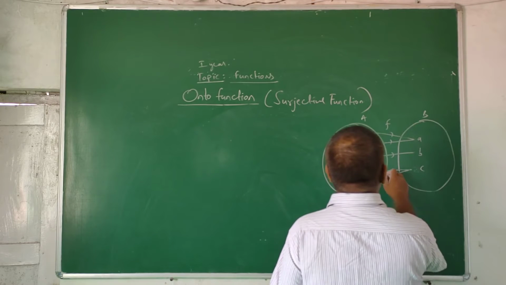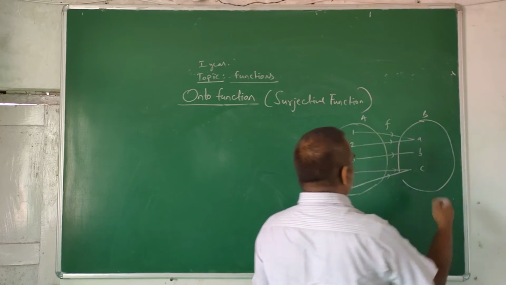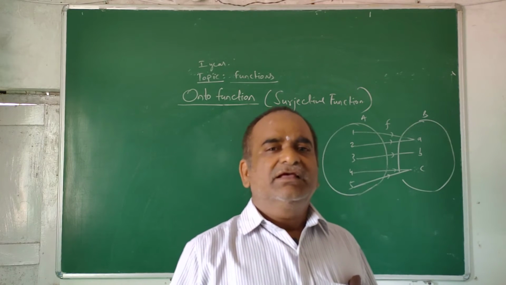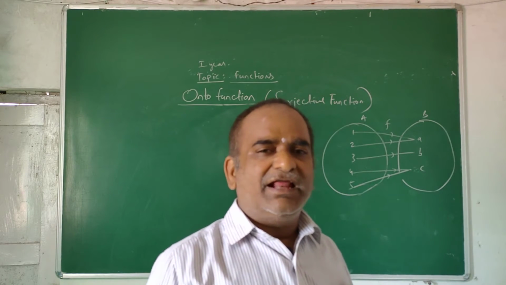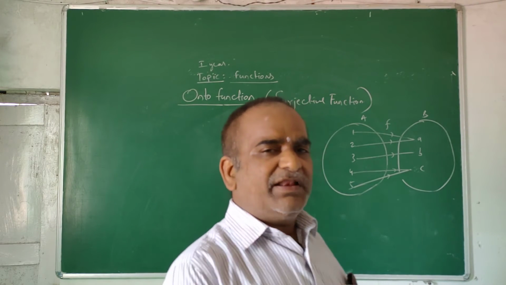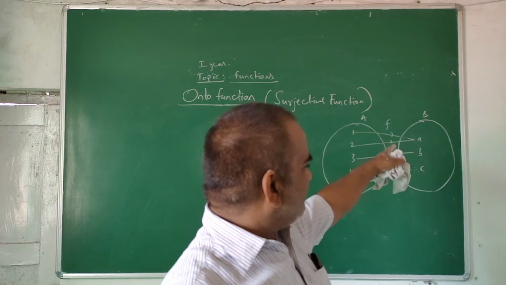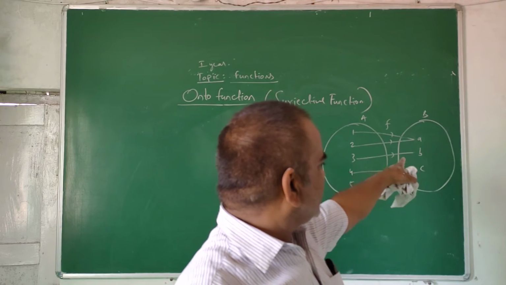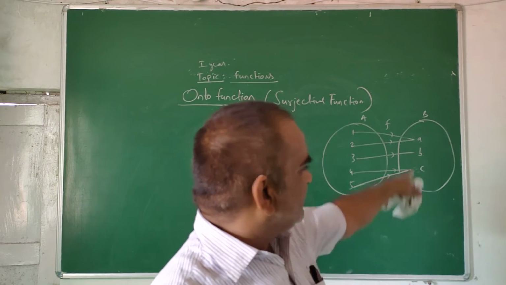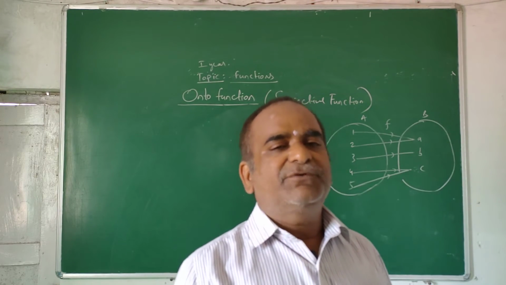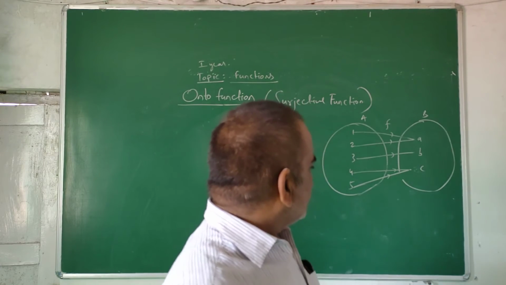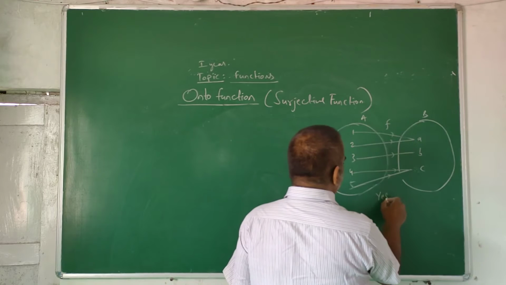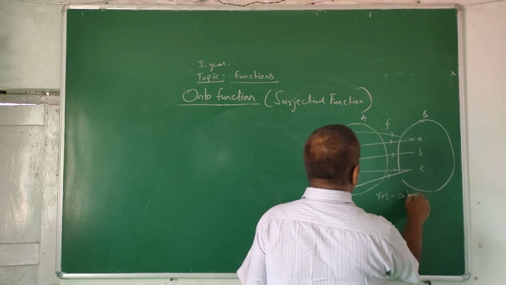You are clearly seeing that every element of the codomain has at least one preimage. It is very simple. No element in the codomain is left over. So it is clearly an onto function. Yes, this is an onto function.